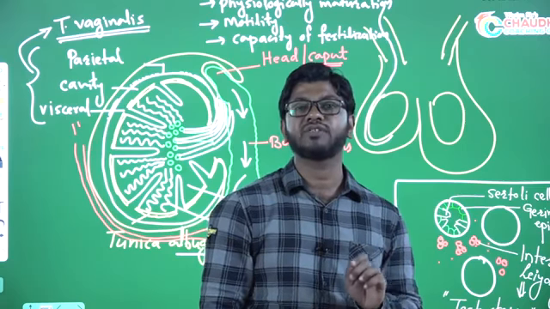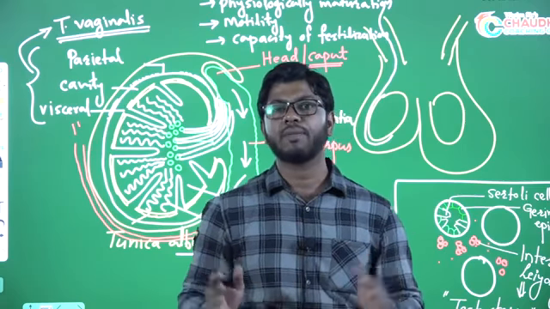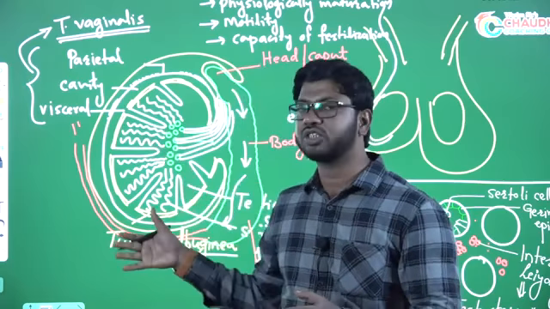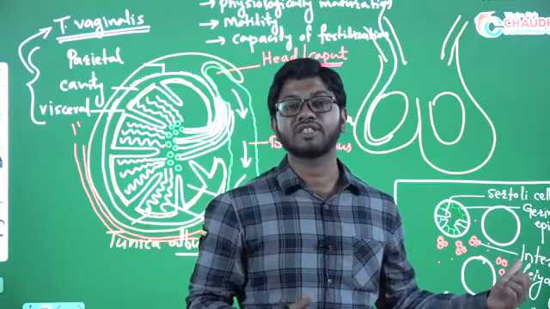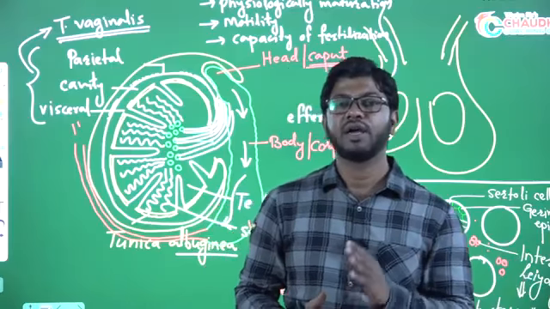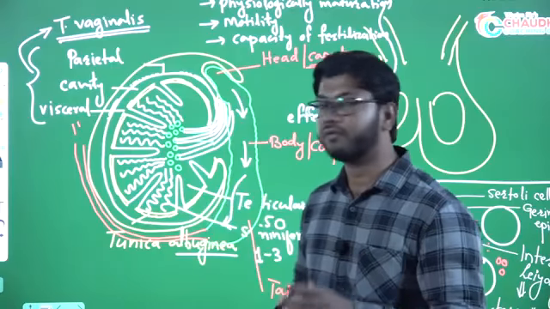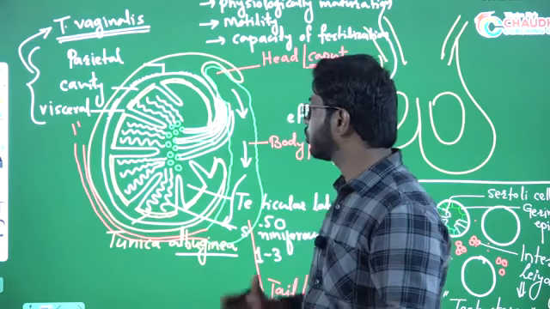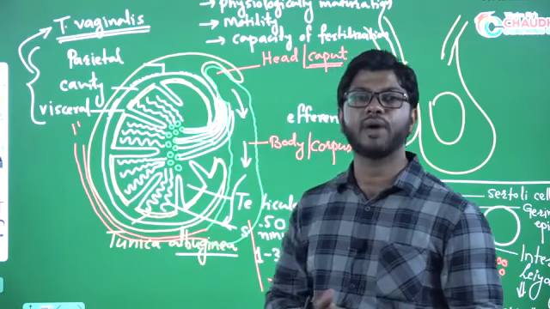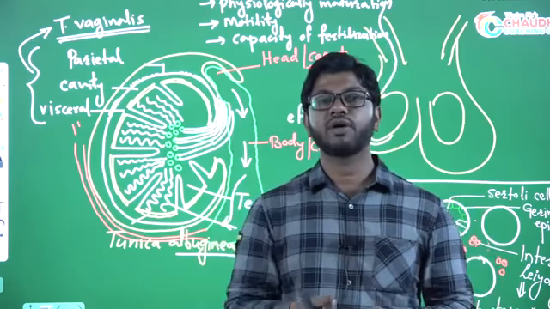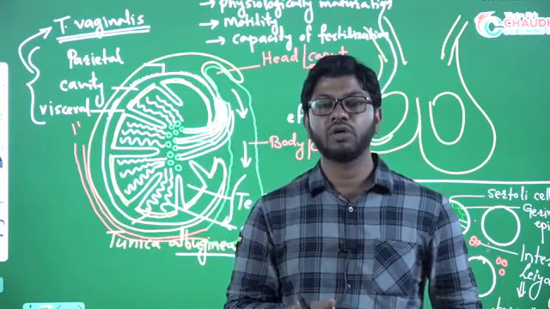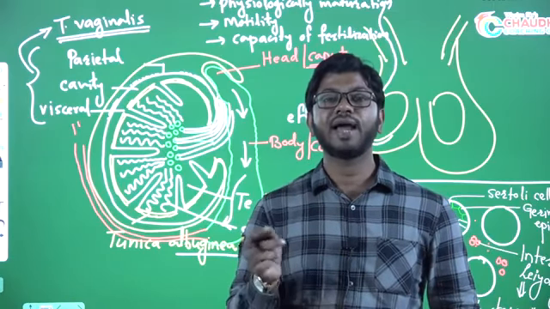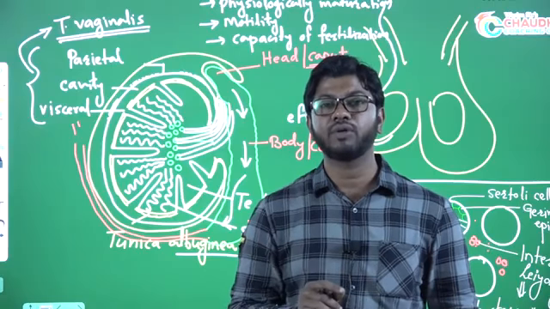the seminiferous tubules. So this is all about the longitudinal section of the testis and transverse section of the testis. I am revising it once again before going forward. So each testis is surrounded by a thick layer of fibrous connective tissue, and that layer is called tunica albuginea.